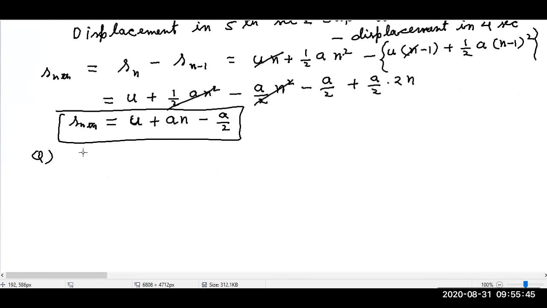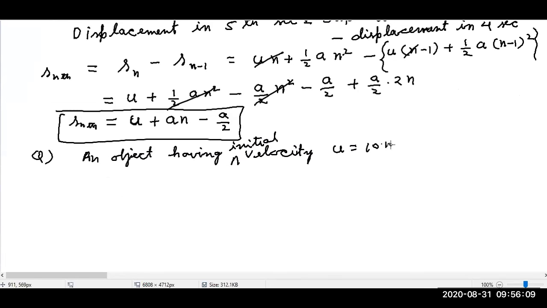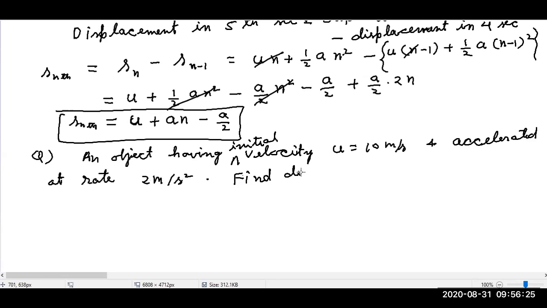Suppose we have a question: an object having initial velocity u equal to 10 meter per second and accelerated at rate 2 meter per second square. Find displacement in 4th second.